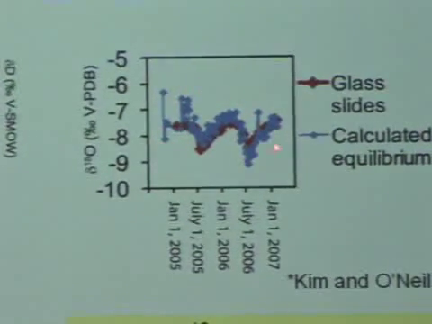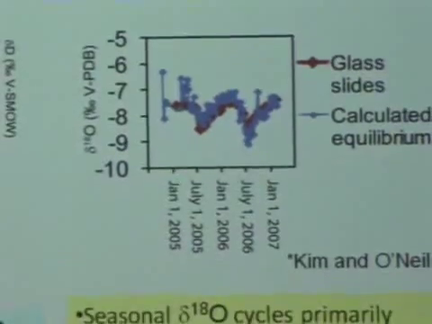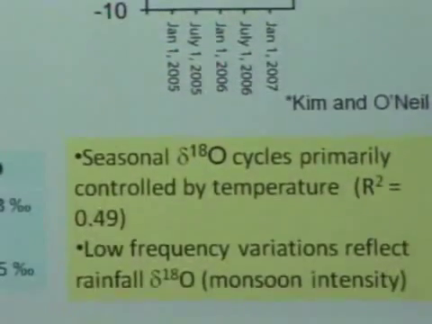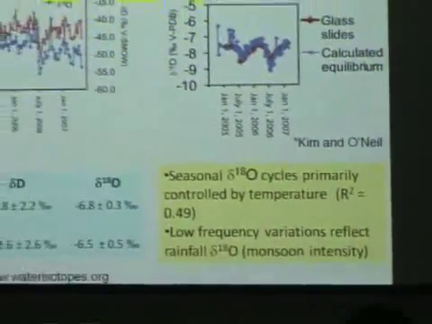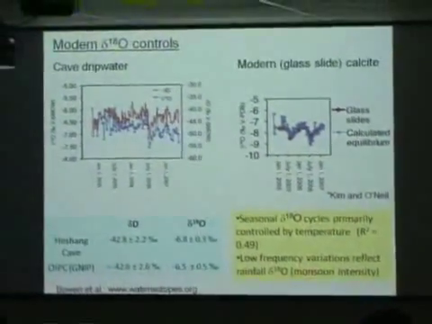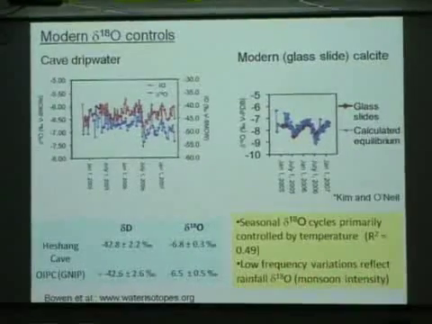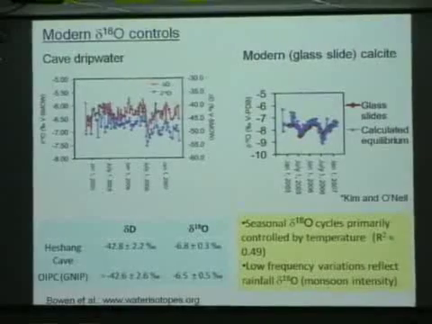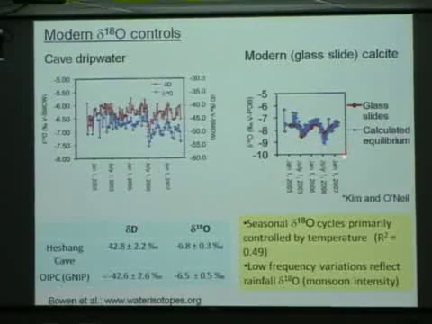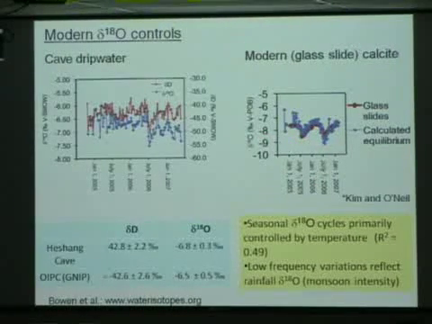The seasonal cycles are primarily controlled by temperature, whereas I've already talked about the low-frequency, longer-term variations, which are reflecting changes in rainfall delta 18O related to monsoon intensity. So oxygen, depending on what time scale you look at, can tell you potentially about seasonal temperature cycles or rainfall.